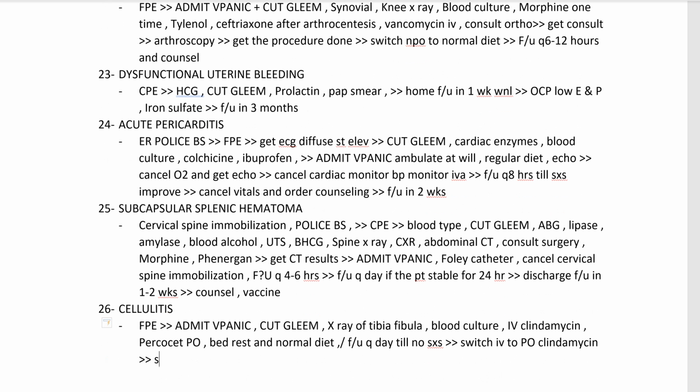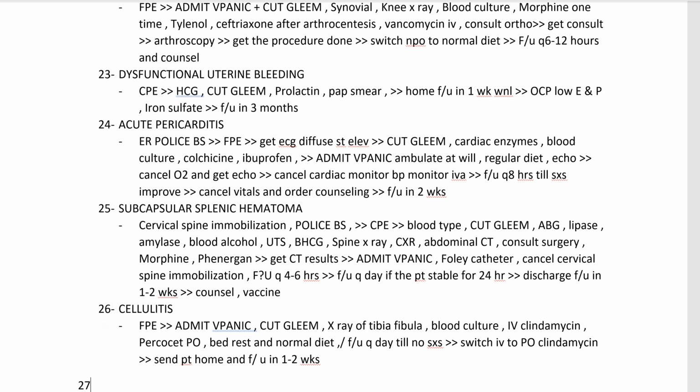And then you send the patient home and follow up in 1 to 2 weeks. Okay? So that's the summary of cellulitis. You want to admit, V-panic, X-ray of tibia and fibula, blood culture, IV clindamycin, and then you want to follow up every 1 day, and then you switch IV clindamycin to PO clindamycin, and then you follow up 1 to 2 weeks. Okay.